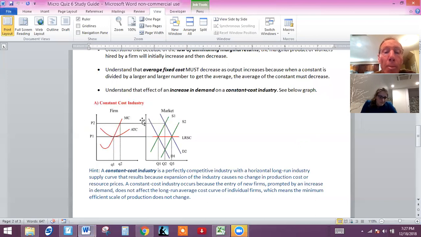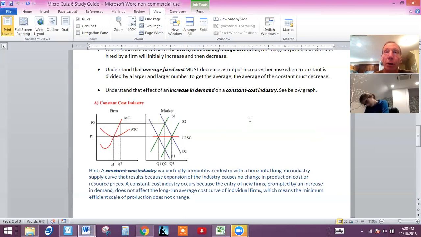But then because there's so much profit, because the price is so much higher than the average total cost, firms come into the market. Whatever this is, pizzas. Pizza places are going to start to open up because there's so much profit here, because the price is so high because demand has gone way up.